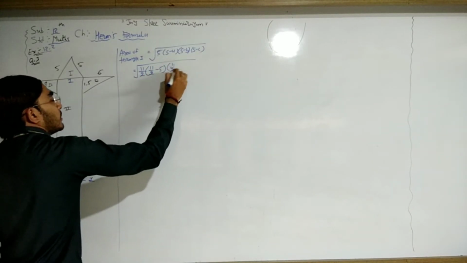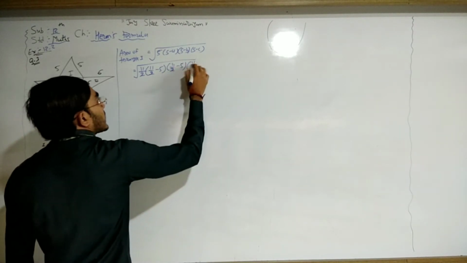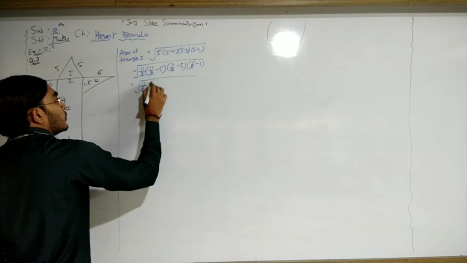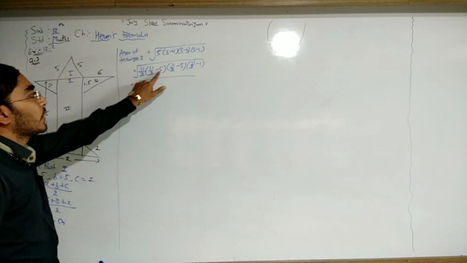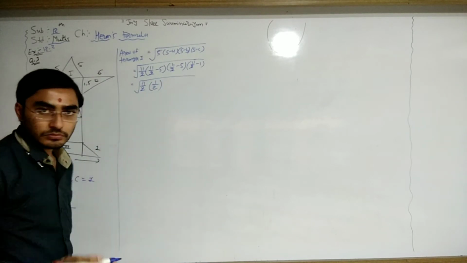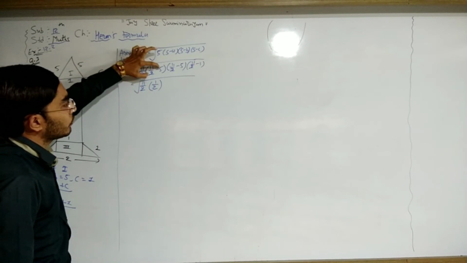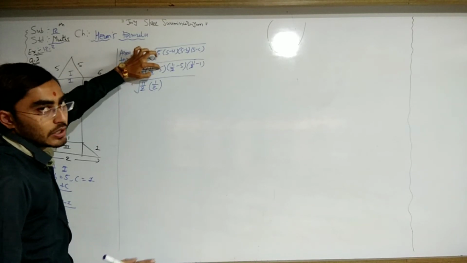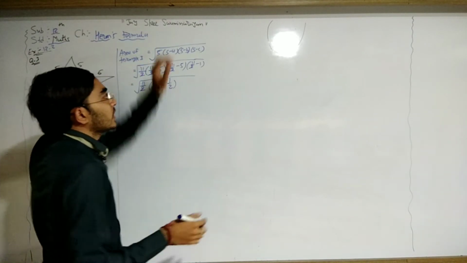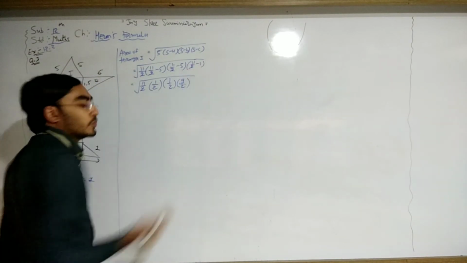Here we need to take the LCM. 5 twos are 10, so 11 minus 10, 1 by 2. Same here, 1 by 2. And for 11 by 2 minus 1, the LCM gives 2 ones are 2, so 11 minus 2, 9 by 2.